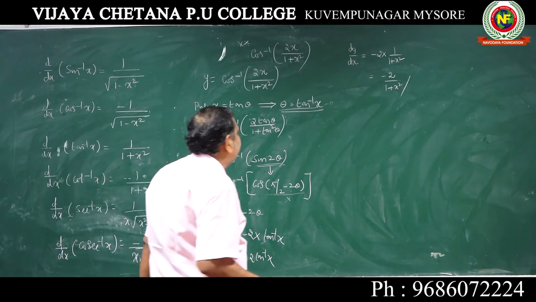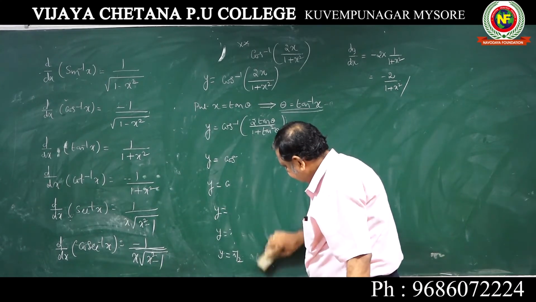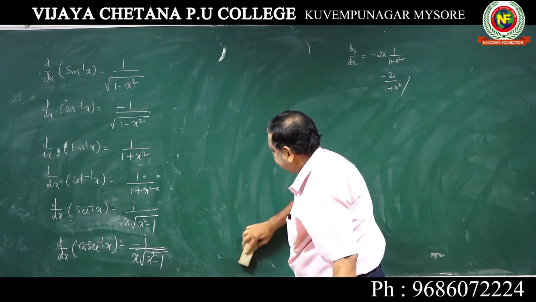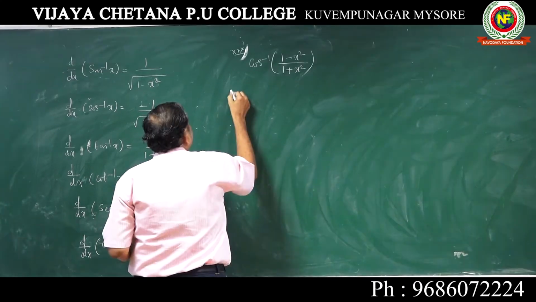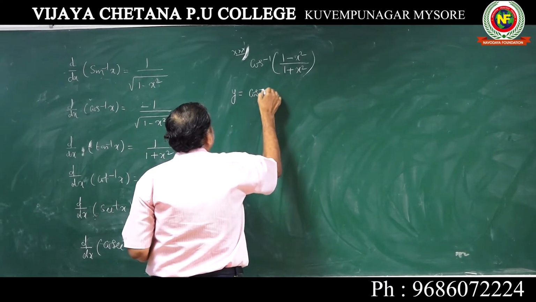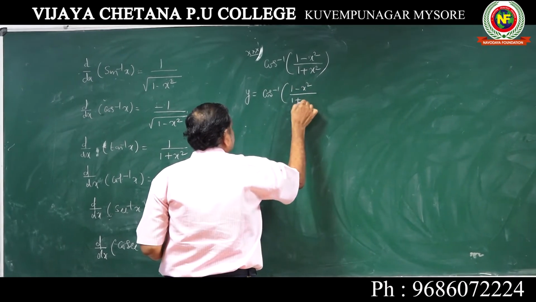Now we shall go for this. Take it as y. Y is equal to cos inverse 1 minus x square by 1 plus x square.